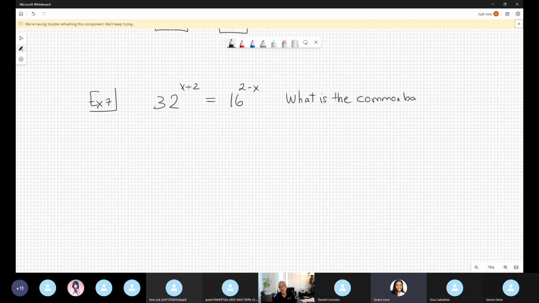I would say 16, because 16 can go into 32. And then also, even though it's flip, x plus 2 and x minus 2. Okay, good. Forget about the exponent for a moment. Okay. So I try to find the common base between 16 and 32.